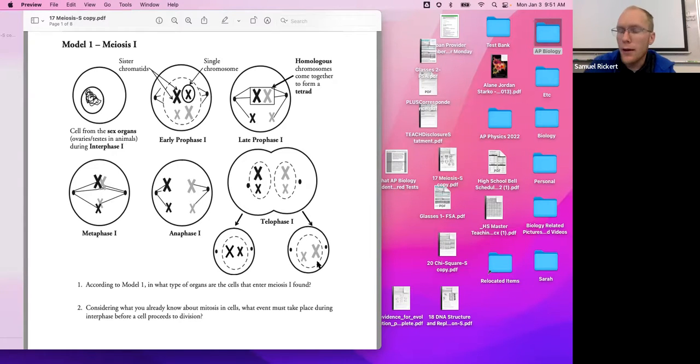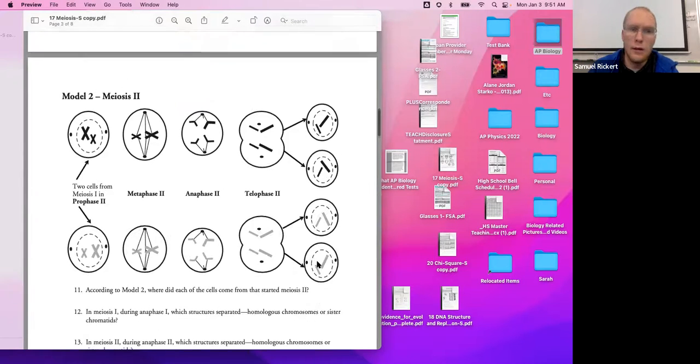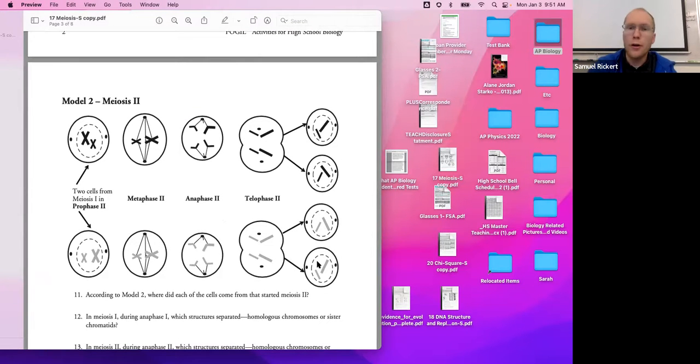Okay, after that, in meiosis 2, those two new cells immediately go through another round of prophase, metaphase, anaphase, and telophase. We call that prophase 2, metaphase 2, anaphase 2, and telophase 2. In this case, the two sister chromosomes are actually split apart, and this is unique because in telophase 2, we actually end up with 4 haploid cells, in which each chromosome was independently assorted from each other.